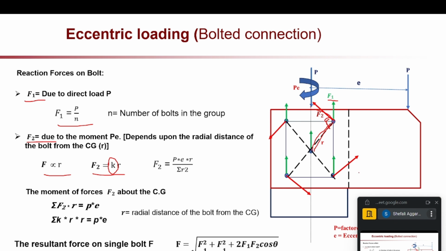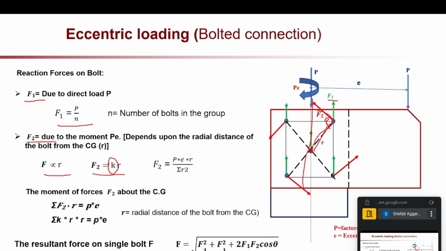Now how to calculate this K value? Let us use moment of forces. We will calculate the moment of forces at our CG point. So this is our CG point. At this point, sigma of F2 into R will be equal to P into E, right?